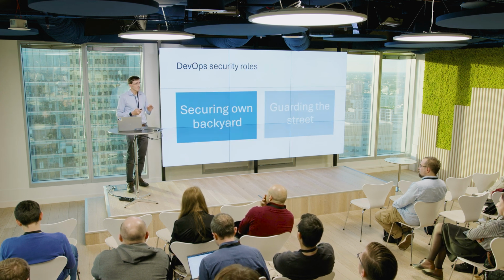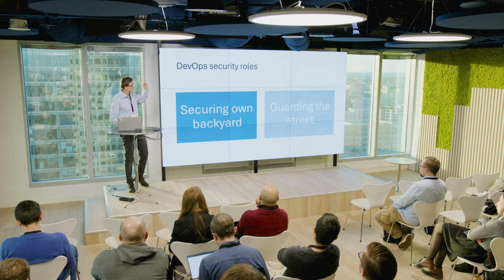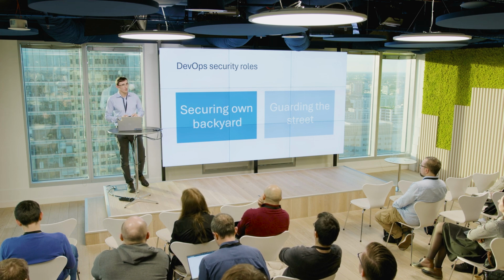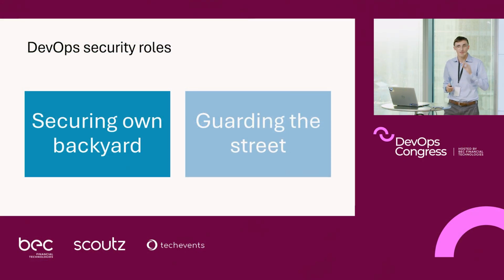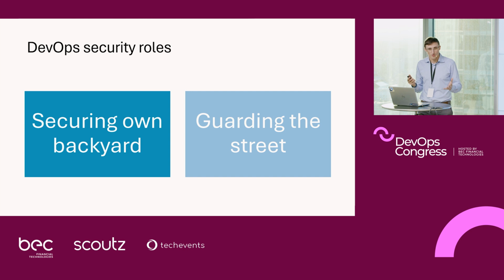That's why it's very important for a DevOps to think about security, because a DevOps could increase the security level of the whole ecosystem of the system in two different ways. At first, by securing their own backyard. What does it mean?